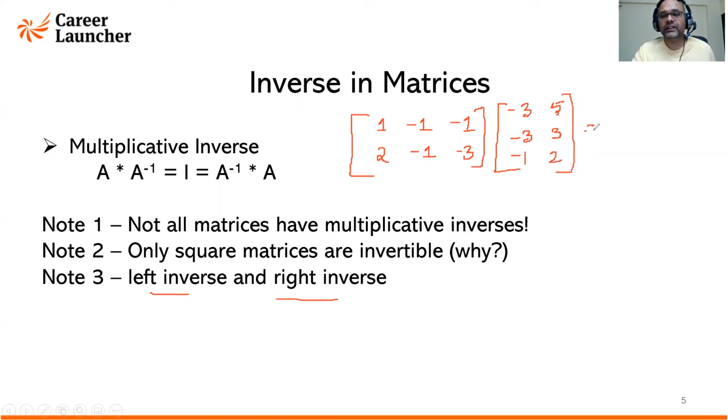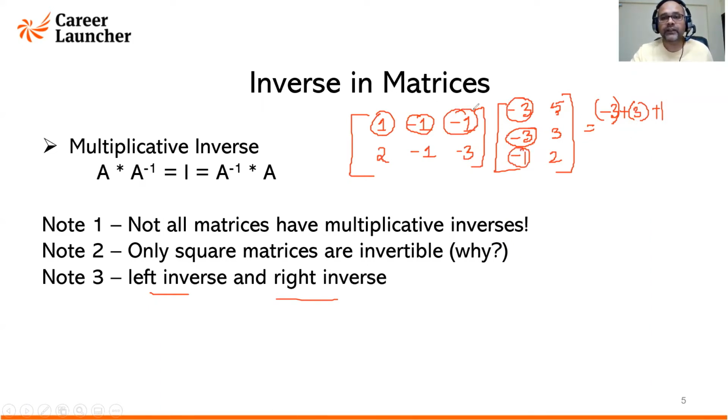Now what is the answer? If you do this correctly, you will get 1 into minus 3, which is minus 3, plus minus 1 into minus 3, which is plus 3, plus minus 1 into minus 1, which is 1.